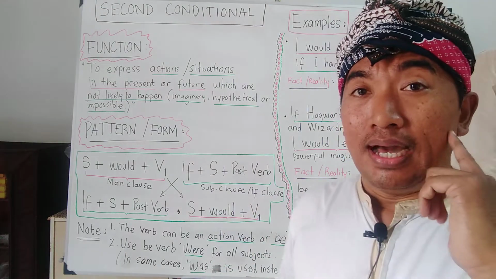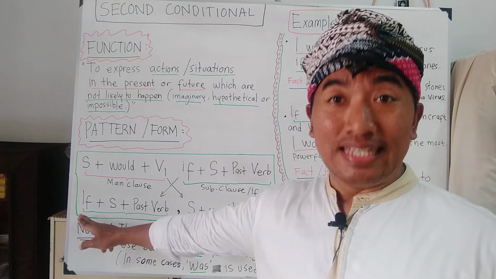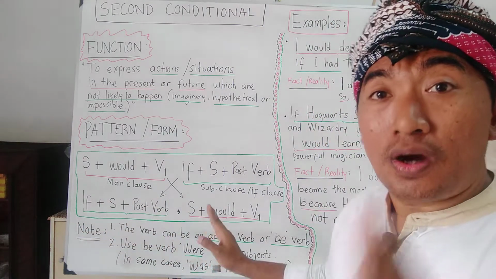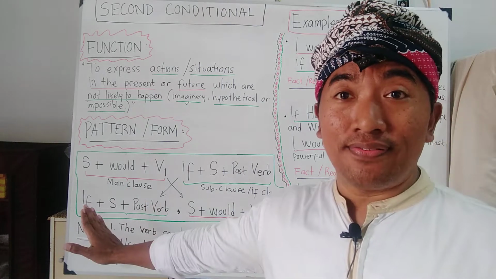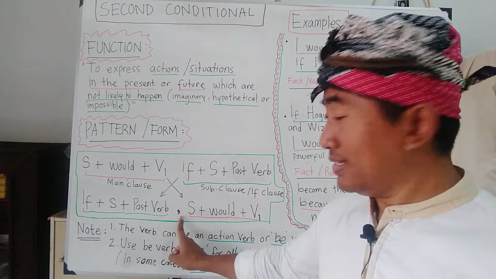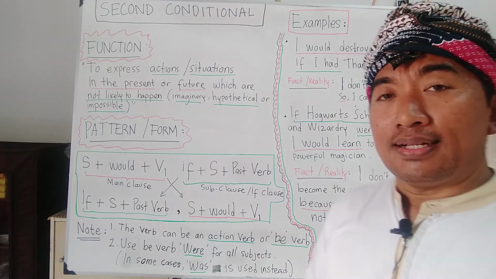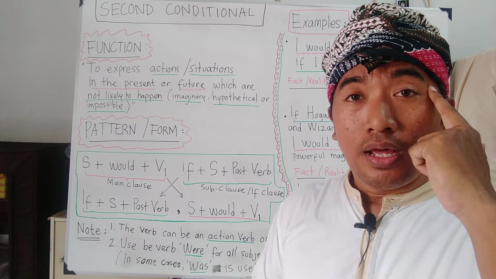Now, bear in mind, when you use the second pattern, starting with the if clause, you should put a comma to separate the if clause from the main clause. Check. Right. Now, there is also something else that you should know and you should remember.